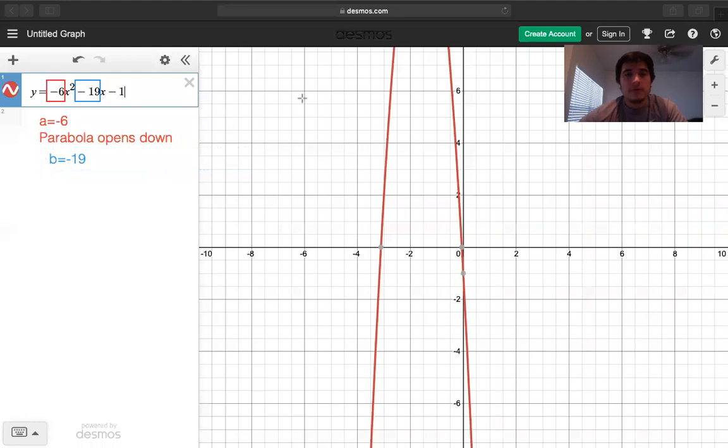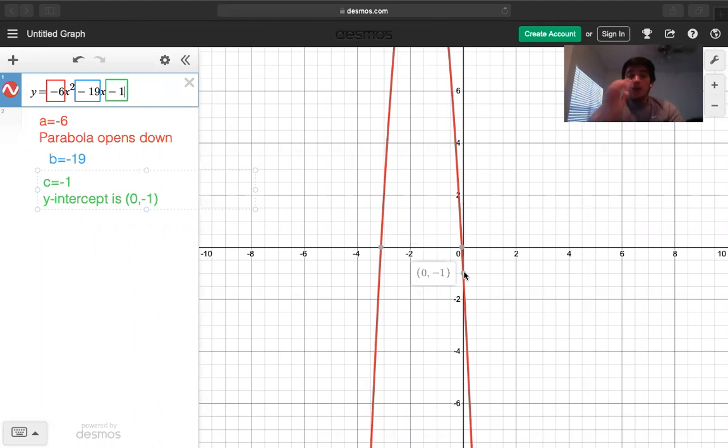And then finally I go to my last letter, which is C. Again, C is not 1. C is negative 1. Okay, so I put that here: C equals negative 1. And that tells me that the y-intercept is (0, -1). And boom, we got it. And we can check on the graph, right? The y-intercept should be (0, -1). And there it is. We're right.